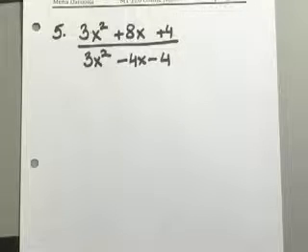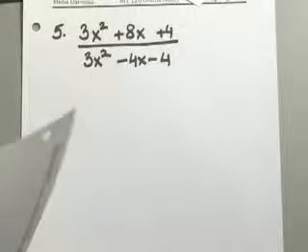Now again, you need to go ahead and factor these terms out. So you want to see how you can split your middle term and factor these two expressions out. So let's start with the numerator here and see how we can factor our numerator, and then we'll look at our denominator.